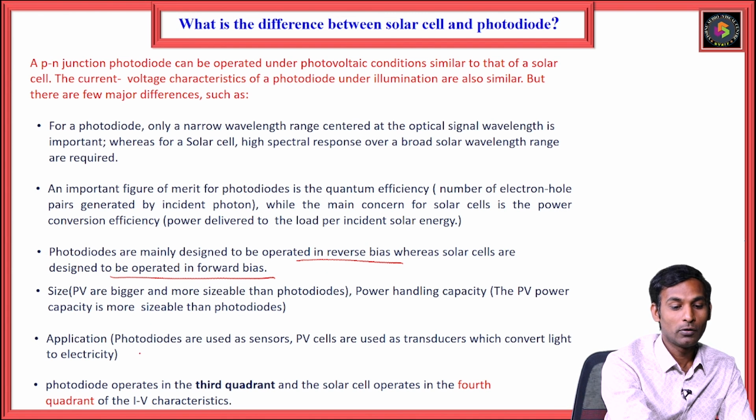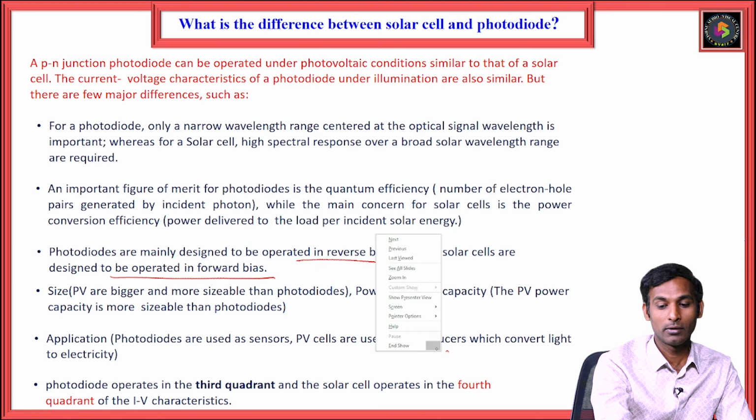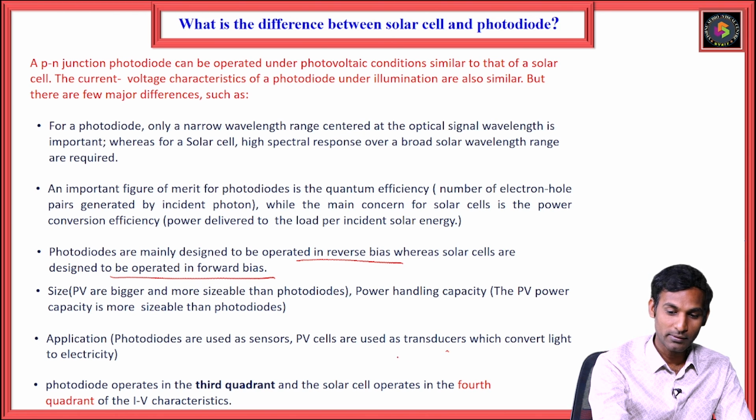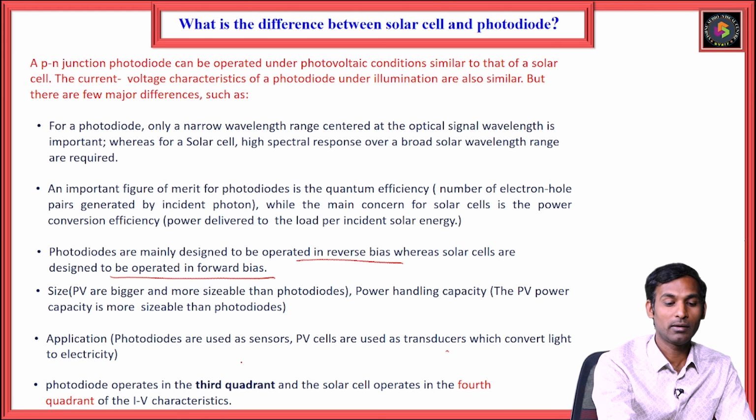From the application point of view, photodiodes are used as sensors. Photovoltaics are used as a transducer. Both are similar here, but a sensor is also said to be an energy converter. Energy converter means it will convert one form of energy to another form.